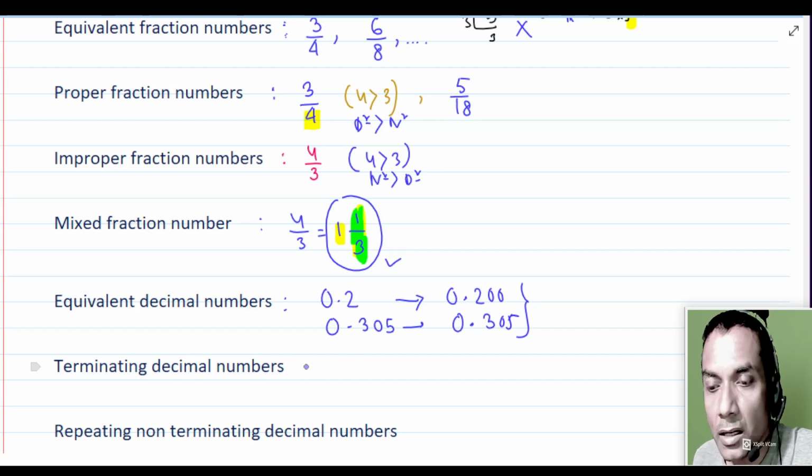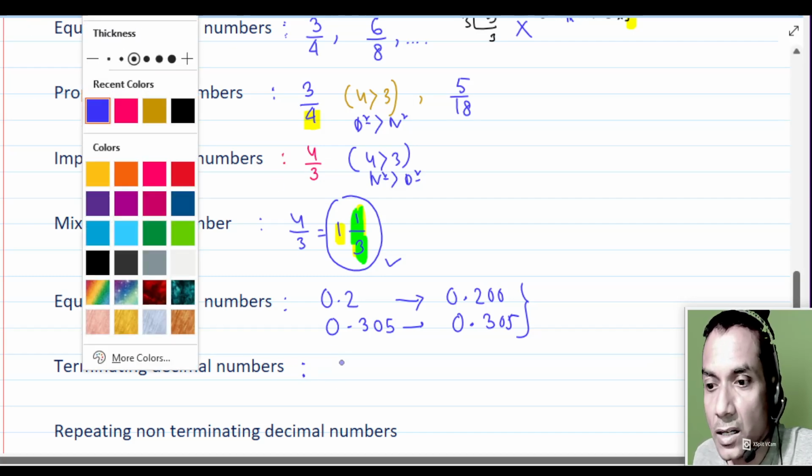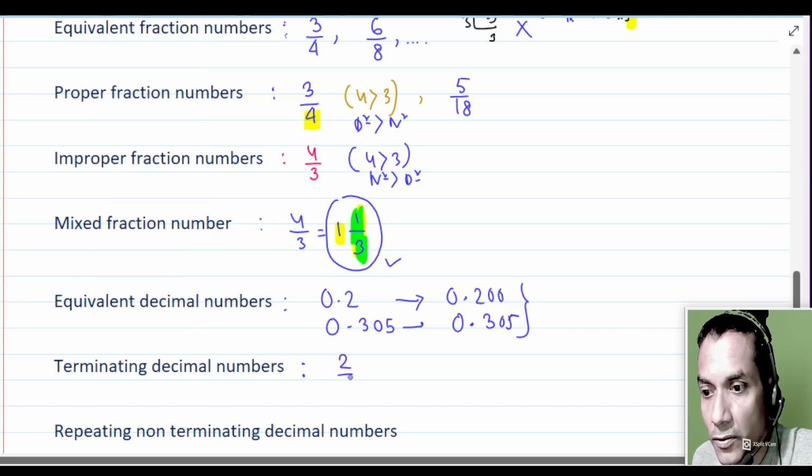Now we'll learn the different types of decimal numbers. First is the terminating decimal number. So what are terminating decimal numbers? Numbers which terminate after the decimal point. For example, 2 by 5 can be represented as 0.4.